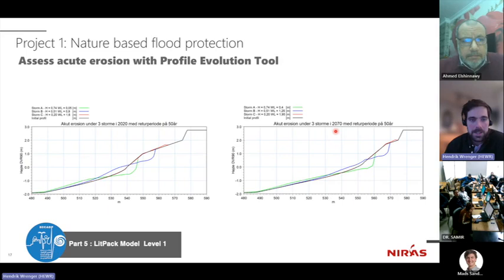So in that case, assuming some long-term sea level rise. So the design water level in that case will be higher. So we're seeing the erosion due to otherwise same storm events happening at a much higher elevation of the dune.